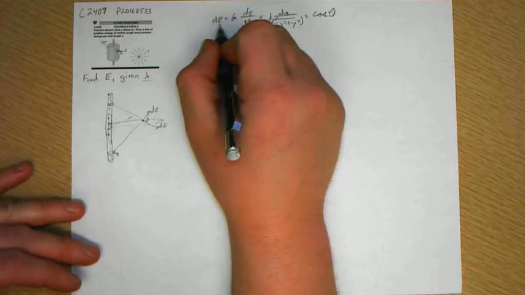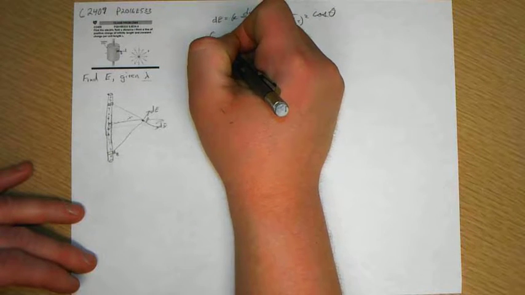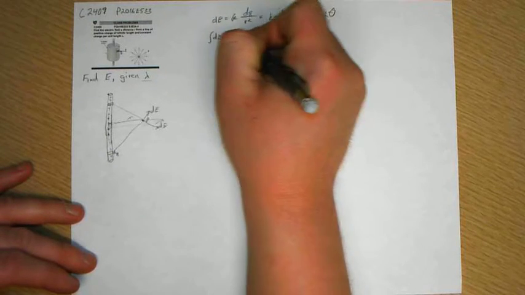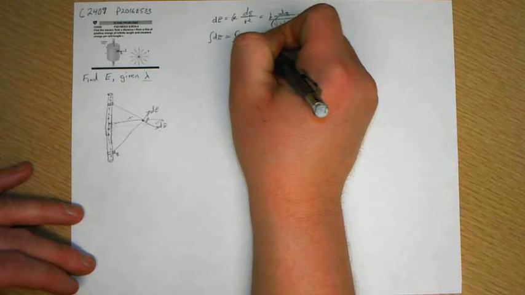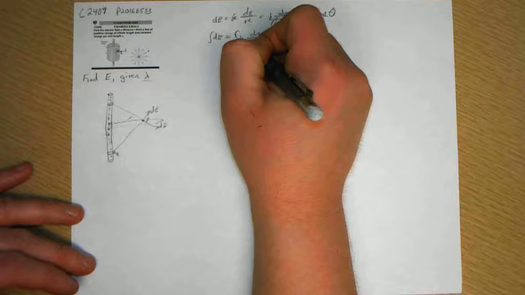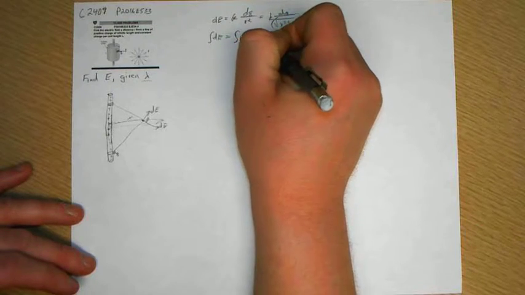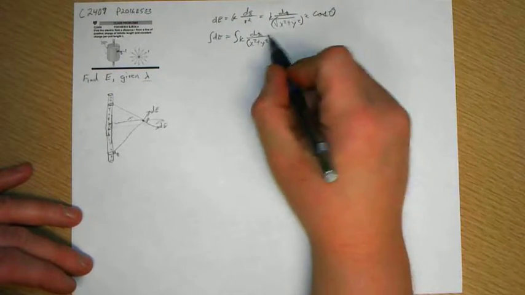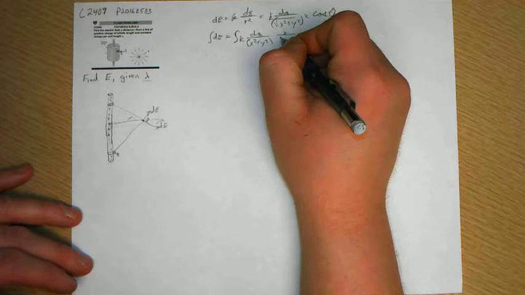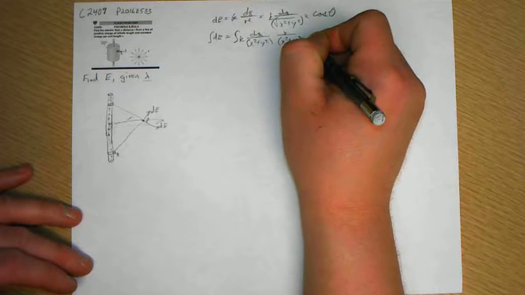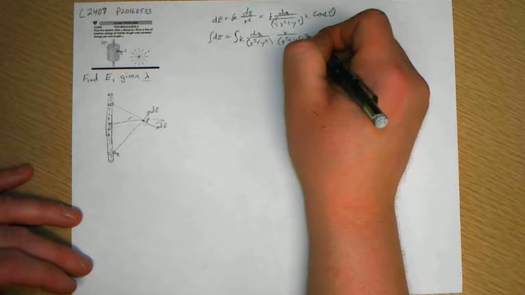So in order to find the entire electric field, we would integrate dE, and that would be the integral of k dq over x squared plus y squared, squared this term, times cosine, which would be adjacent x over the square root of x squared plus y squared to the 1/2.